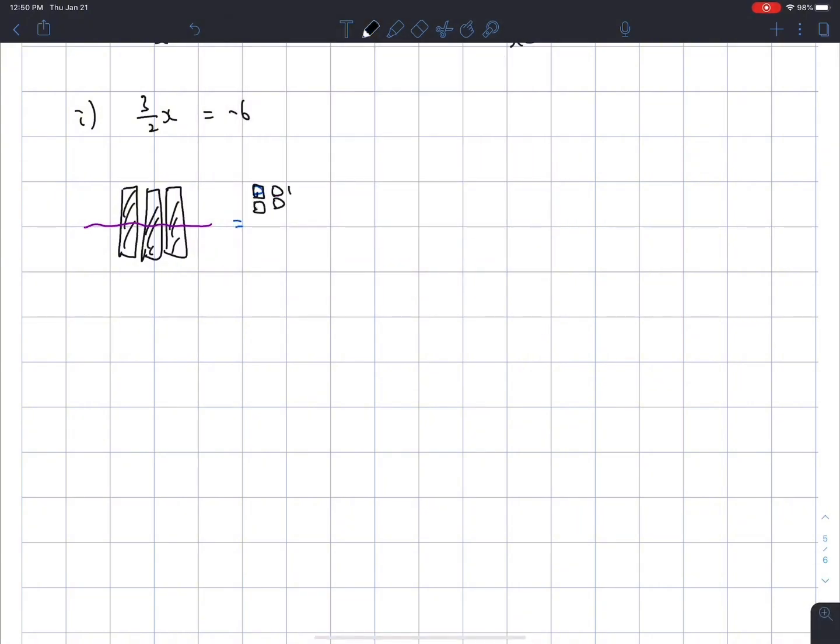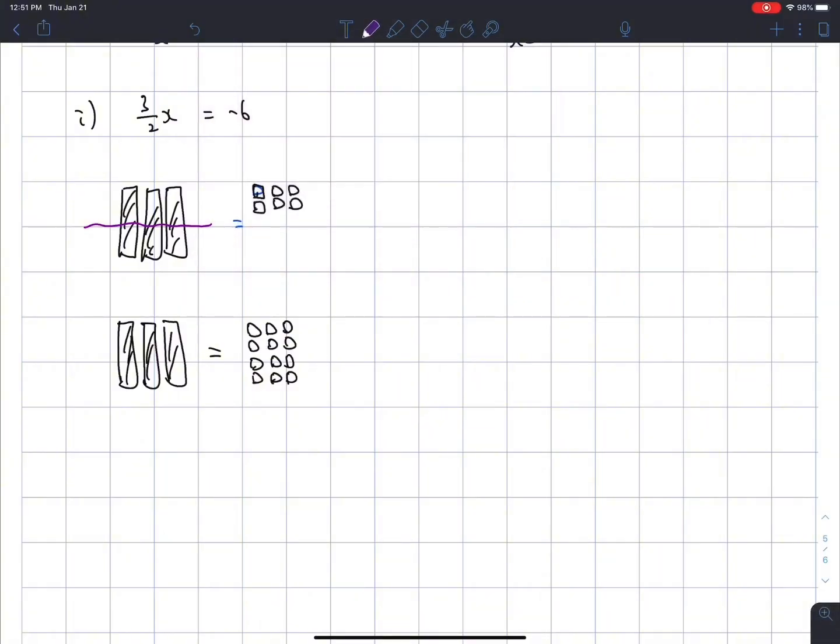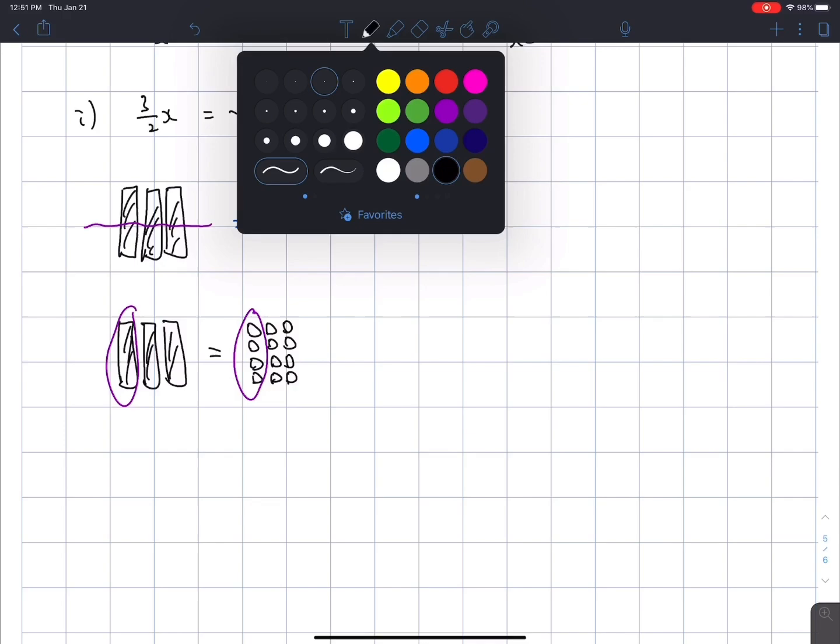So positive 3x must equal negative 12, right? Because half of the 3x already has negative 6. So the entire 3x must be negative 12. And then now we can say that 1x must be negative 4.